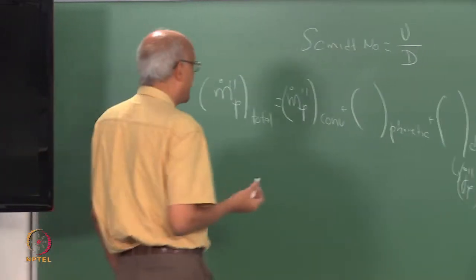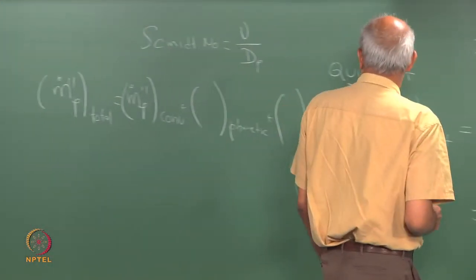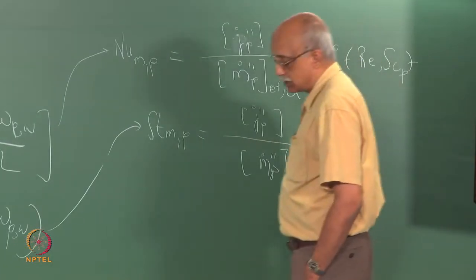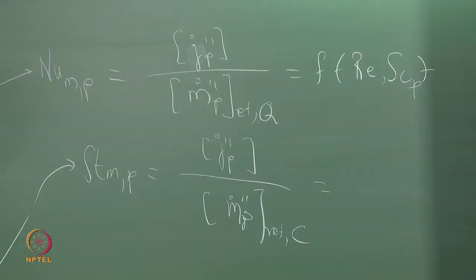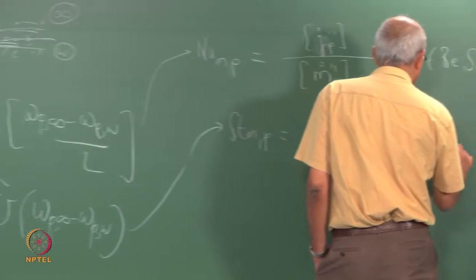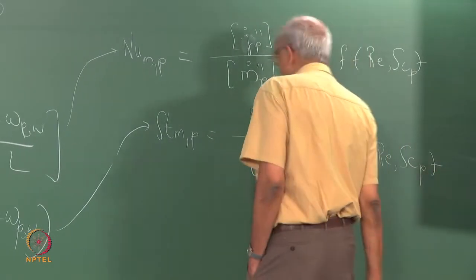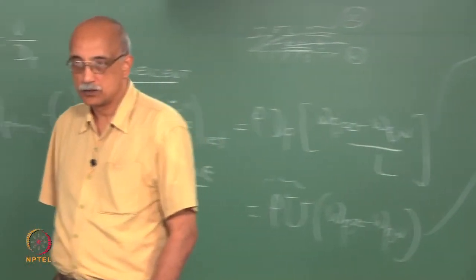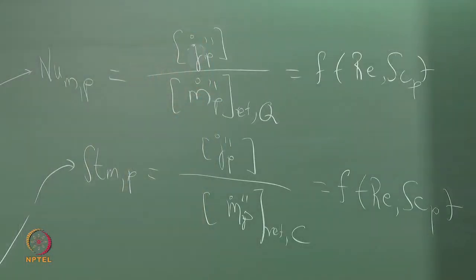In the case of a particle, the Schmidt number would be nu by D_p, written as Sc subscript p, and the Stanton number is also a function of Reynolds number and Schmidt number. Again, the reason for that is the numerator is the diffusive flux, not the total mass flux.